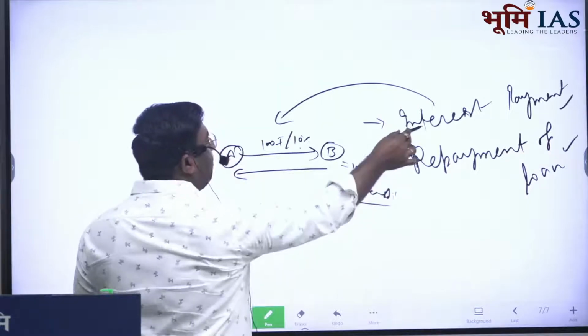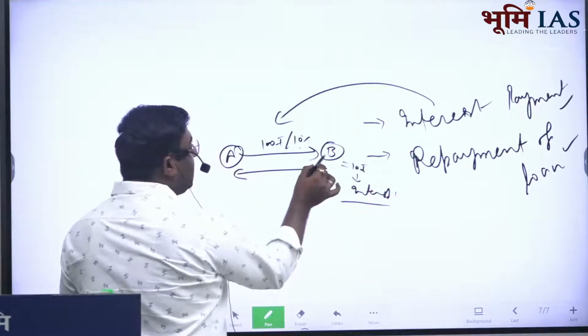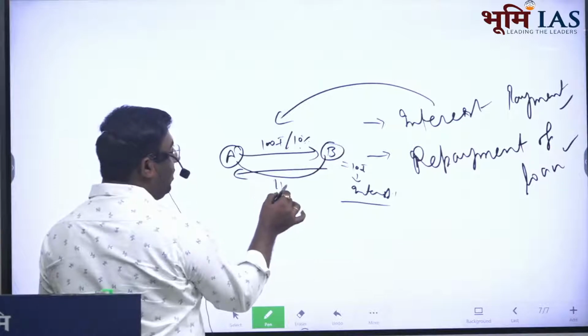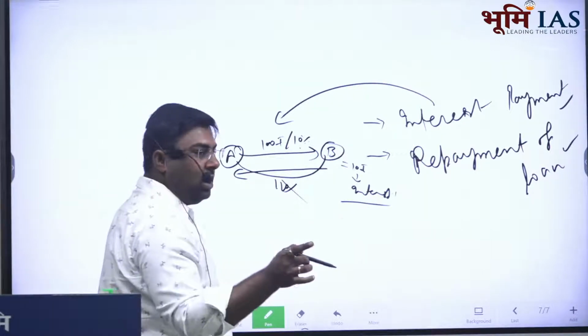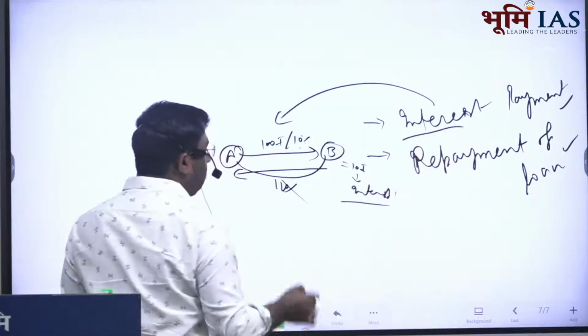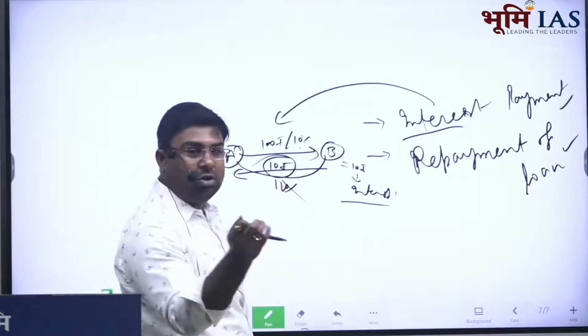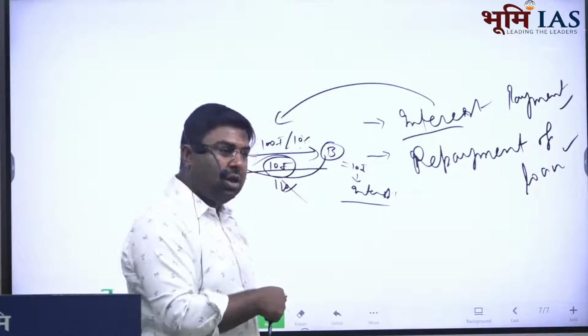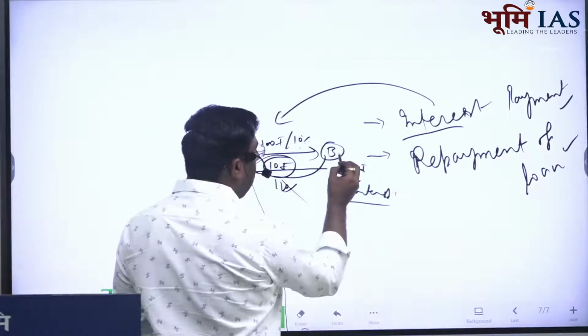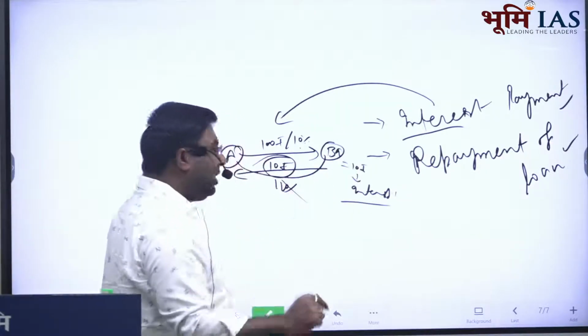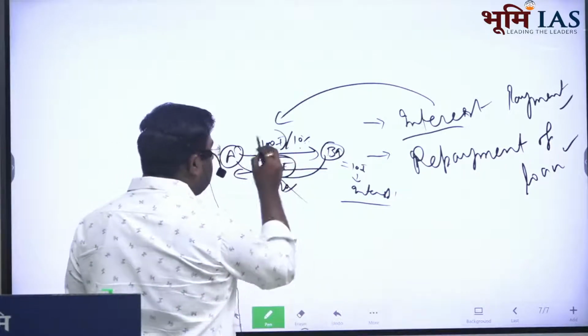So interest payment means B is not paying A 110 rupees. He actually is not paying. The word interest payment means B is paying how much rupees to A? Only 10 rupees, only the value of interest. But this liability over B was actually created due to which amount?